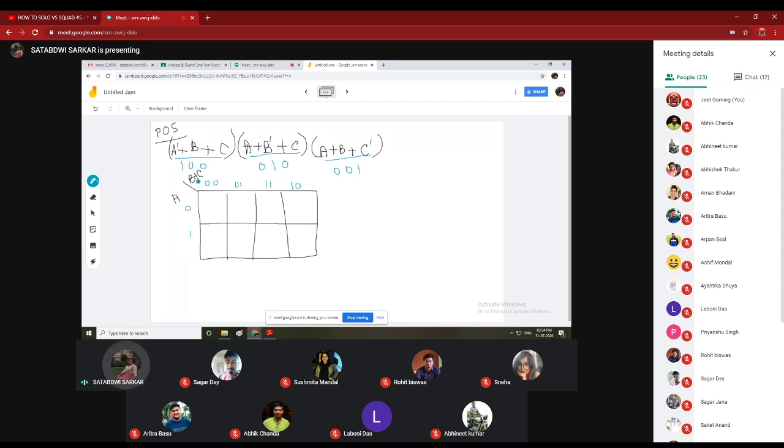So 1 0 0 goes in this position, we put 1 here for this POS. This is 0 1 0, here, so again 1. And this is 0 0 1, here. The other cells we put 0.